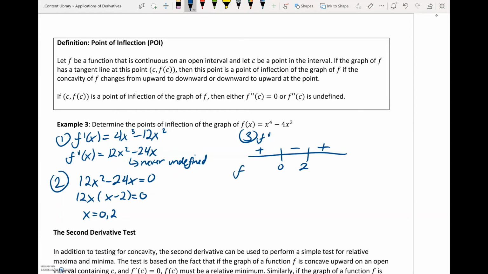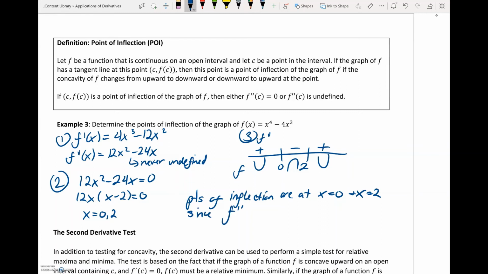So that means f is concave up, concave down, then concave up. So the points of inflection are x equals 0 and x equals 2. And we can tell they are inflection points because we go from concave up to concave down, and then concave down to concave up. So the points of inflection are at x equals 0 and x equals 2.